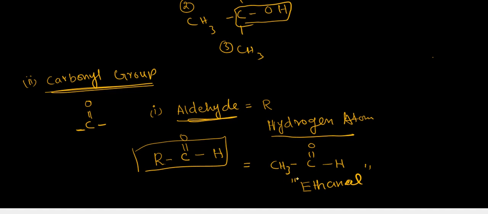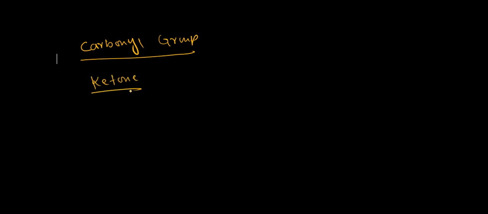Now we will study the second class of carbonyl group, that is ketone. The carbonyl group general formula is C double bond O and the two remaining sides.